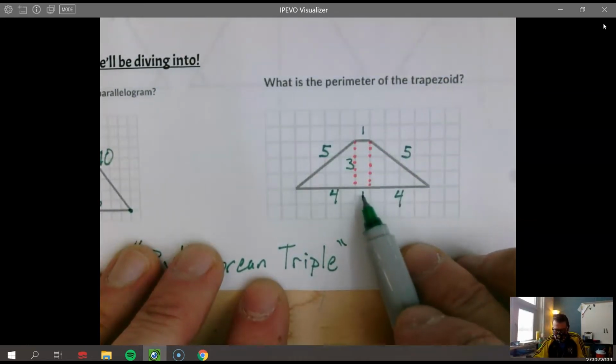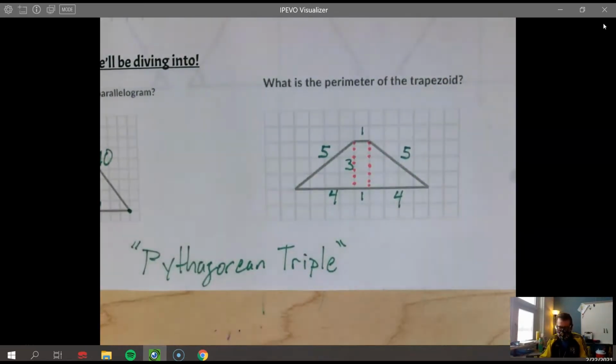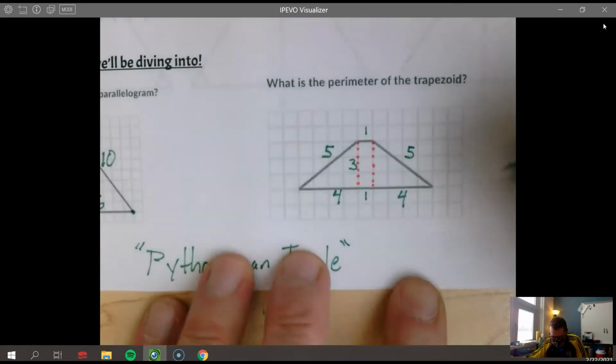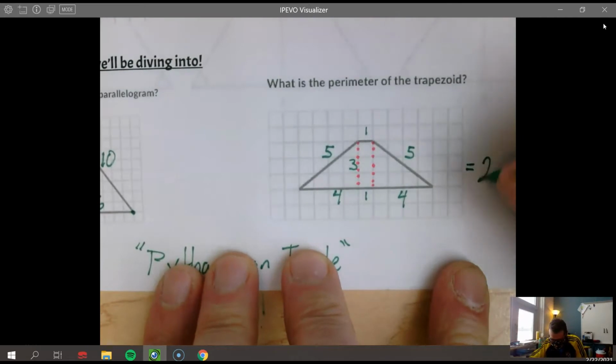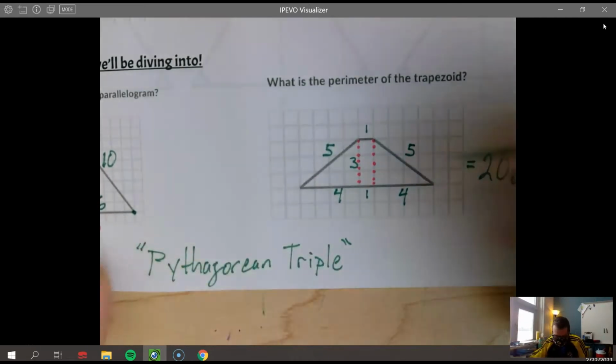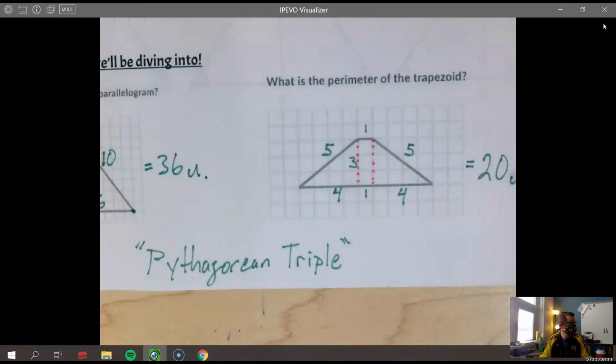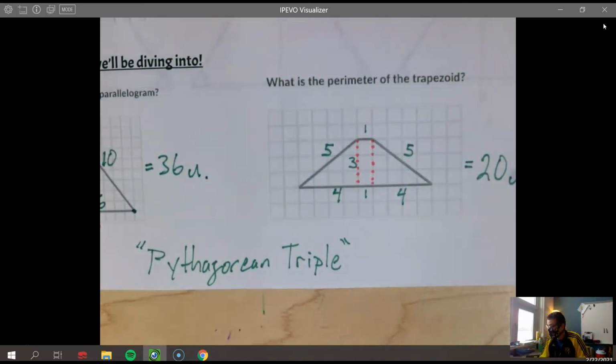Don't forget about this 1. That's the trapdoor they're trying to set. 20? Yeah. Because it's 10 plus 10. Units. Always put units. If you don't know what the label is, always just put units or units squared.